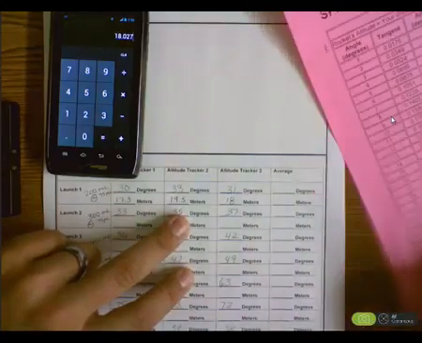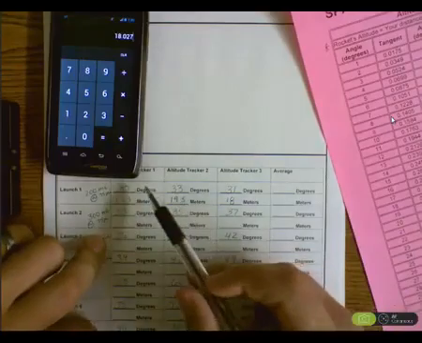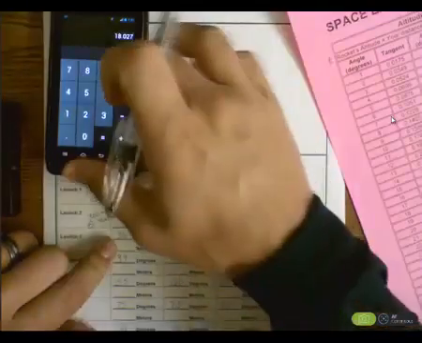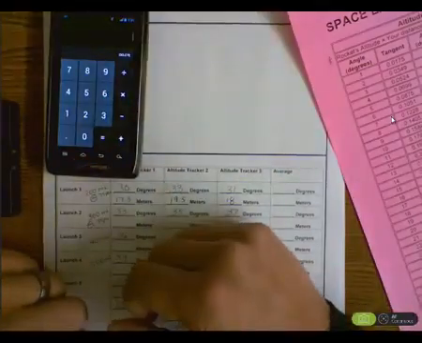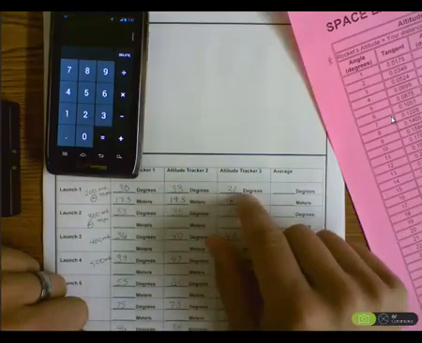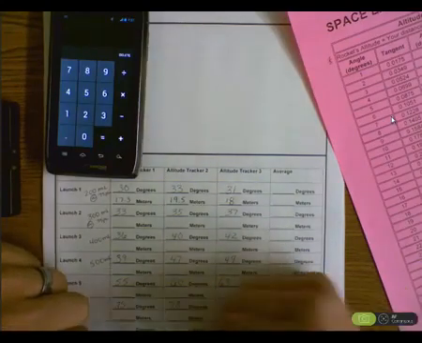Alright, now to check my work, I want to average the degrees to begin with. Remember, an average is when I take all of the numbers that I have, add them all together, and divide by the number that I added together. So in this case, it would be 30 plus 33 plus 31 divided by 3 because there were 3 units that I added.